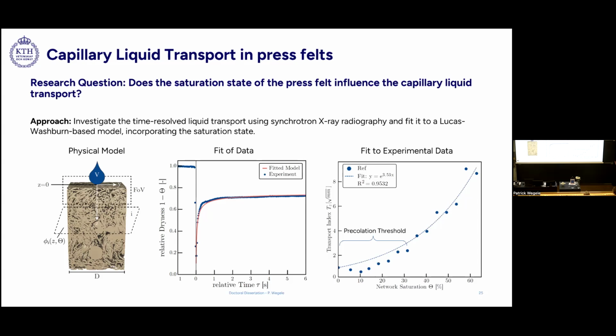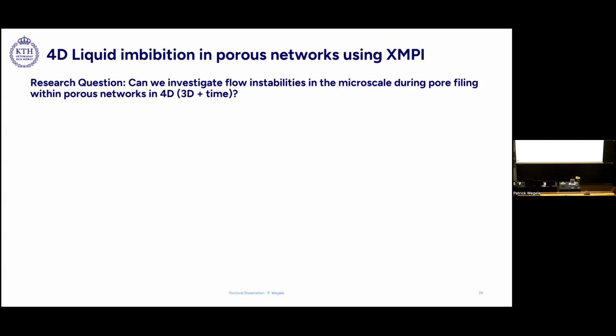Besides this more macroscopic investigation, we were also interested in the microscopic process of liquid imbibition in porous media. Previously, you've seen the picture of the droplet arriving at the press belt on the macro scale, but we wanted to see the flow instabilities that occur during the filling of porous networks in 4D.